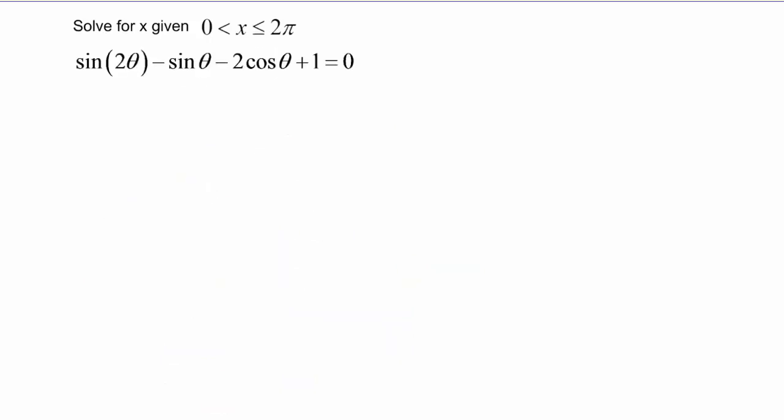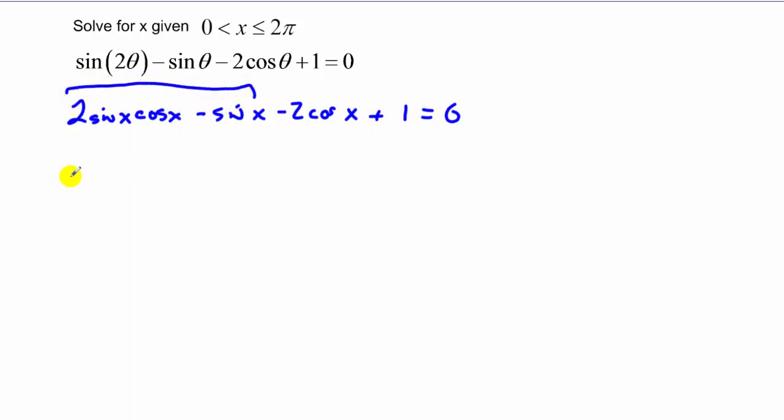Next example. So here we have a situation where we're trying to find values for theta between 0 and 2 pi again, but we have a sine of 2x identity, which I know is 2 sine cosine. I'm going to use x's instead of thetas because they're just a little easier to write. Now typically when I have 4 terms in my problem, I know I'm looking to factor by grouping. So I notice in the first set of terms I have a sine in common.